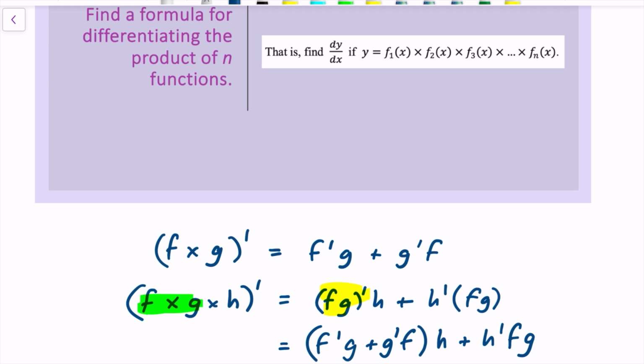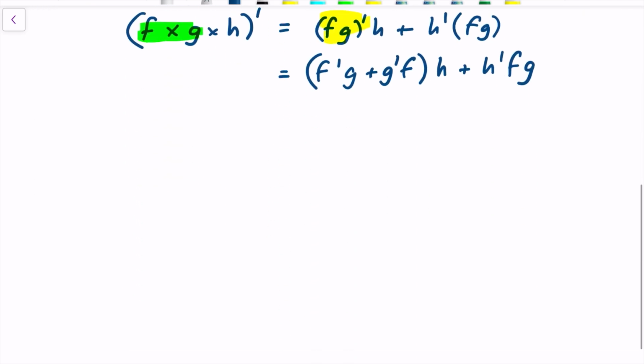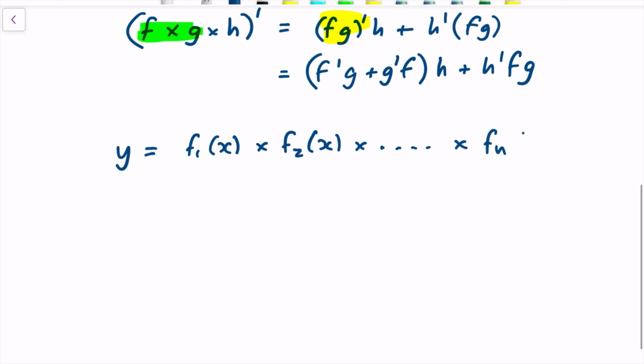So for this one, if we want to find the derivative of a product of n functions, y is equal to f1 of x times f2 of x, all the way up to some function fn of x. If we log both sides, and specifically using the natural log, because we know how to differentiate that, we can log all of the stuff there.